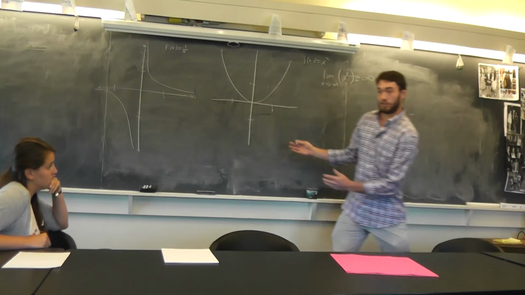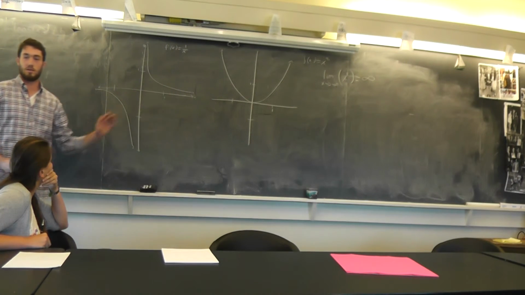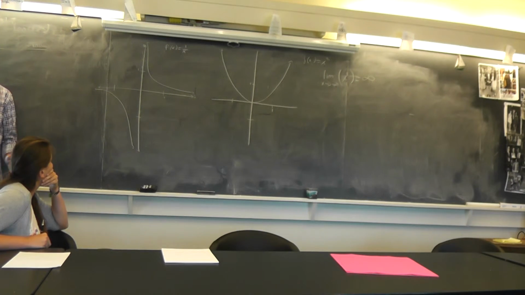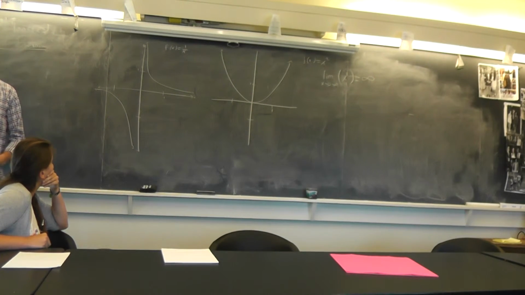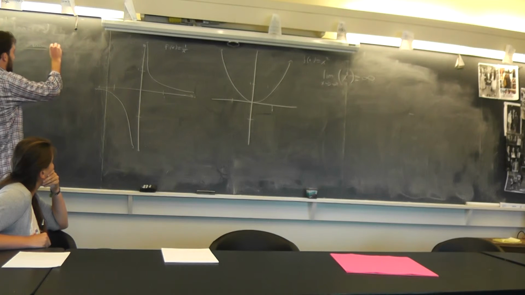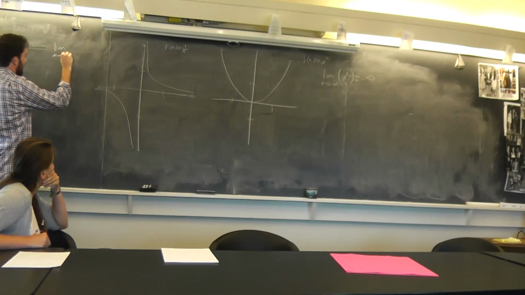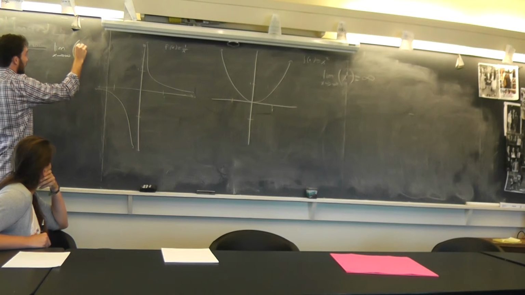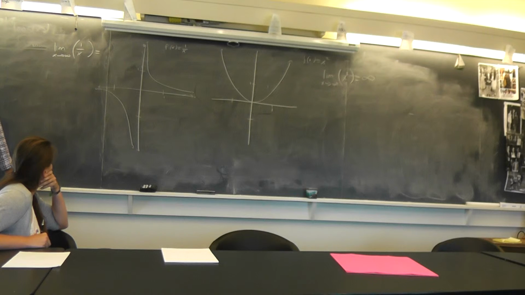So now I'd like to go back to this function. What do we have over here? I was going to the right, which means what is my restriction on the x value if I'm saying as far right along the x-axis as we can go? Positive infinity. Right. The limit as x approaches positive infinity of 1 over x. And somebody thought they knew the answer earlier. Did you have an idea of what that was?